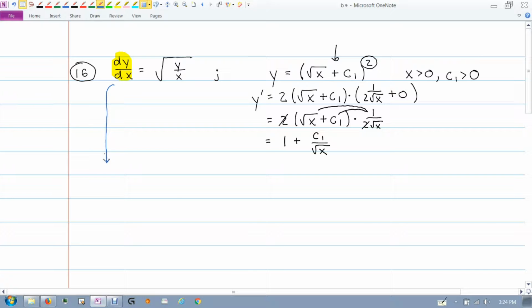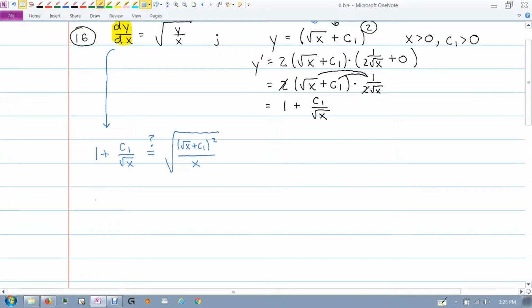Coming over here, we've got dy/dx, which is 1 plus c sub 1 over root x. And the question is, does that equal the square root of y over x? Now remember this is y here, that's square root of x plus c1 squared over x, and x is just x. So let's see what happens here. If we were to just rewrite the first side here, does that equal... okay, so I'm going to split this into two roots here.